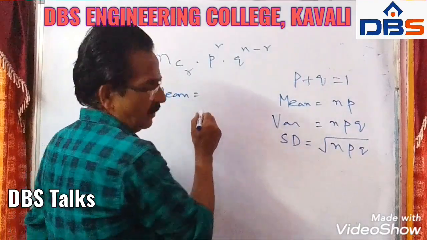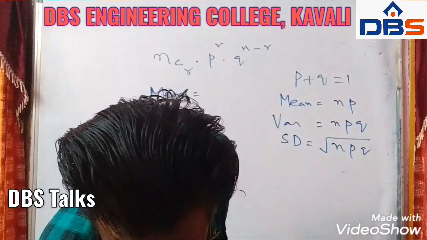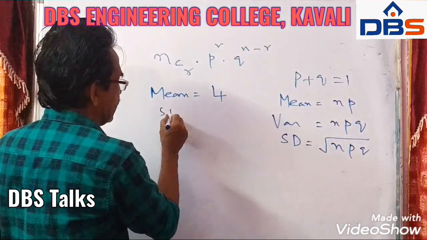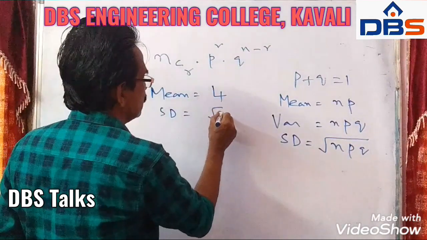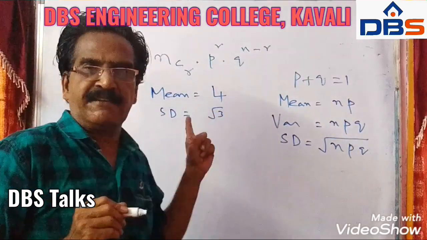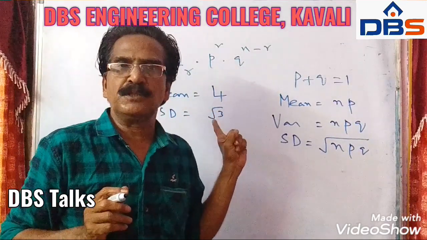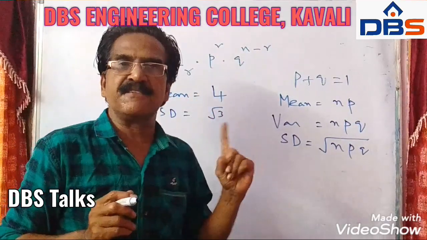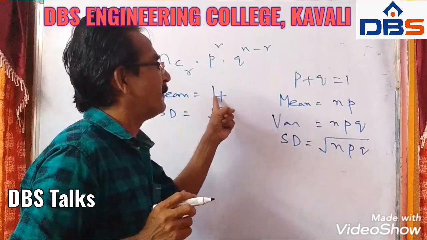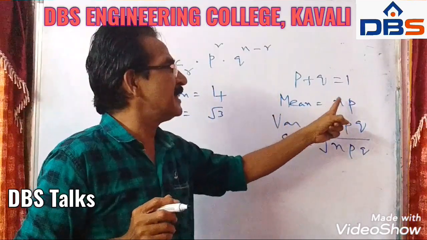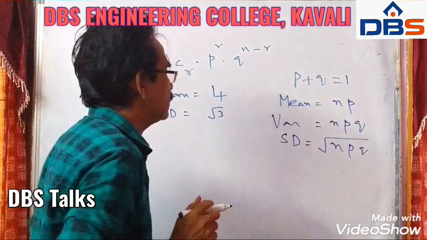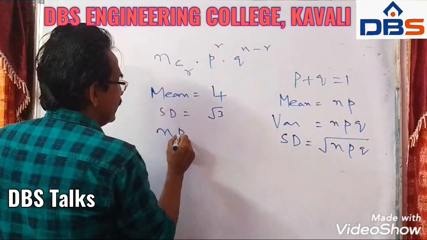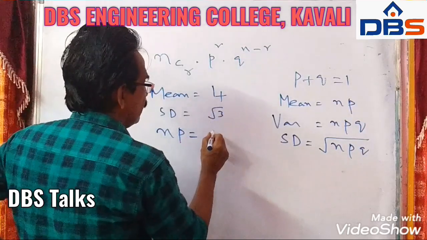Mean is 4 and standard deviation is root 3. We know the formula for mean. What is mean? Mean is equal to np. So np is given, friends. np is 4.